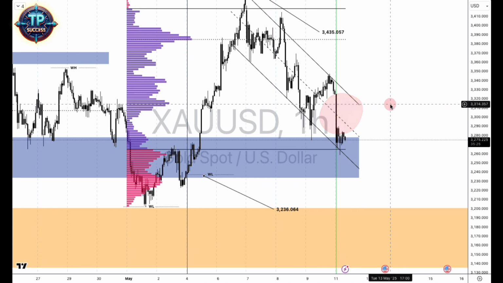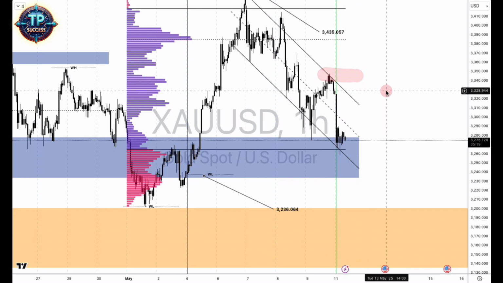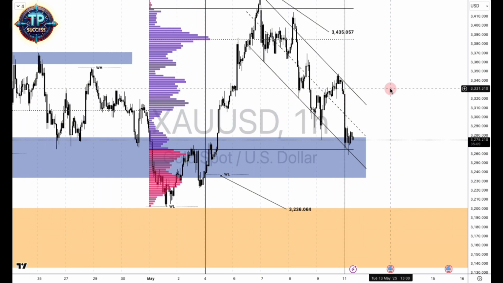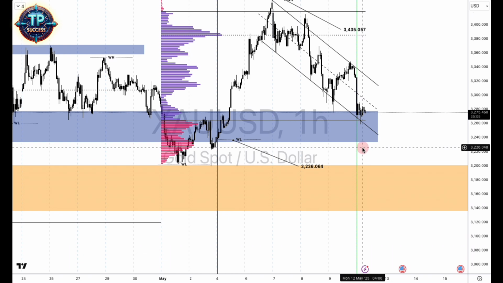So the safest thing that I could think of is I want to get a close above here. But however way you want to play it, it's how you play it. Because once again, I'm not a financial advisor, and I'm not giving you financial advice. Everything you do is on you. So the next move after that would be to get a close under here, which is the previous week's low.